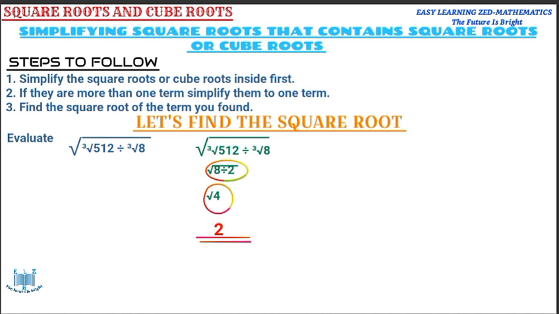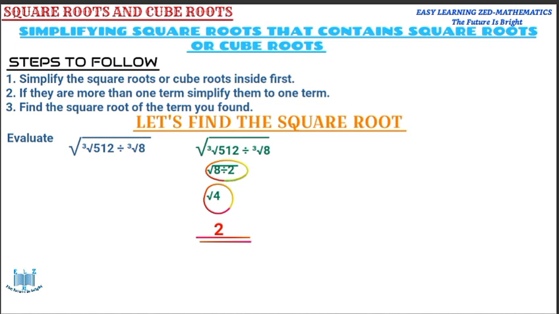If you don't know how to find the cube root, please check our videos. We did a video where we taught you how to find the cube root. We also looked at how to find the square root, so you can check the video entitled square root or perfect square.